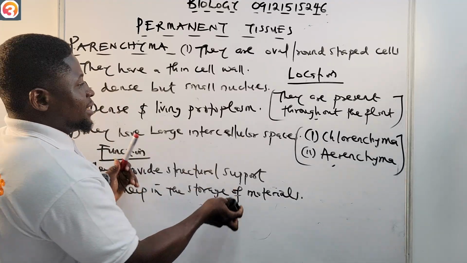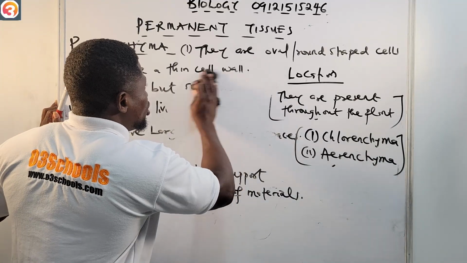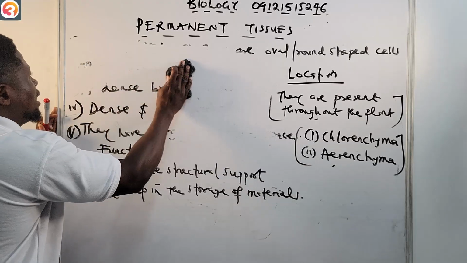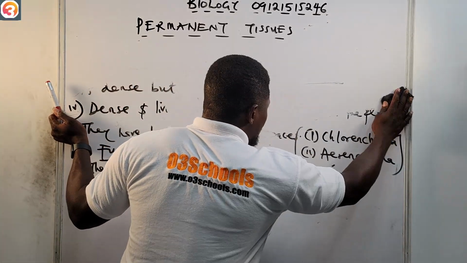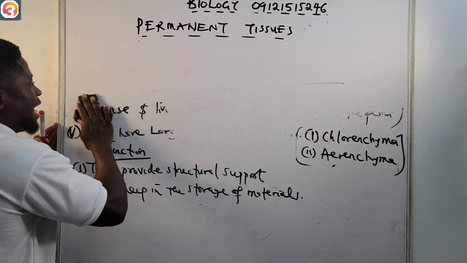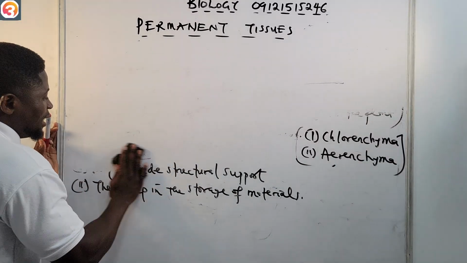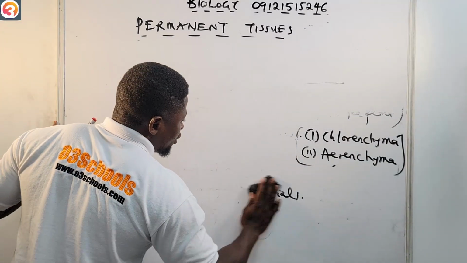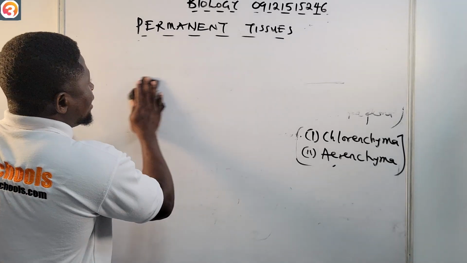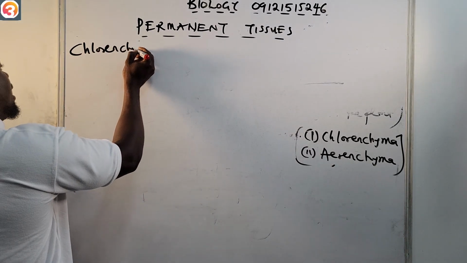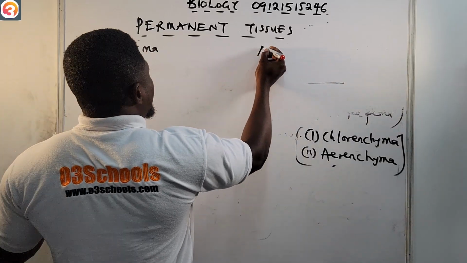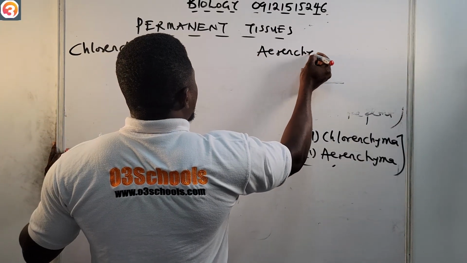Now let us draw a comparison between both of them. We say parenchyma tissues are of two categories: the Collenchyma and the Parenchyma. So let us have Collenchyma here, then let us have Parenchyma here.